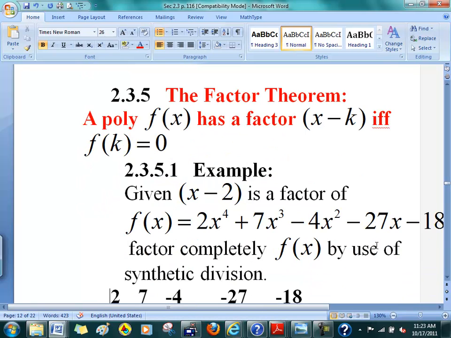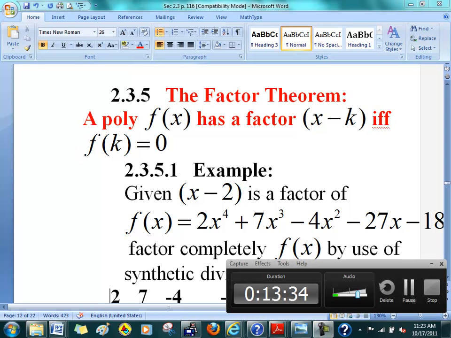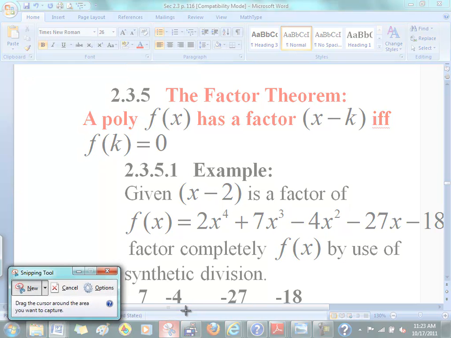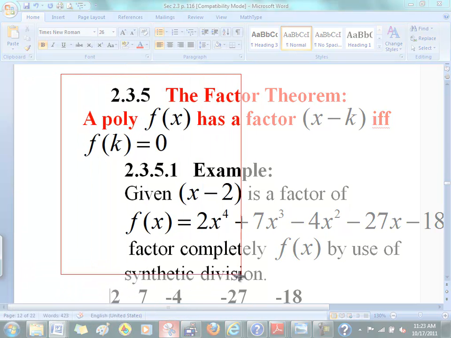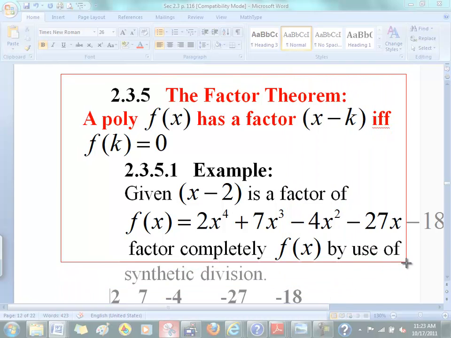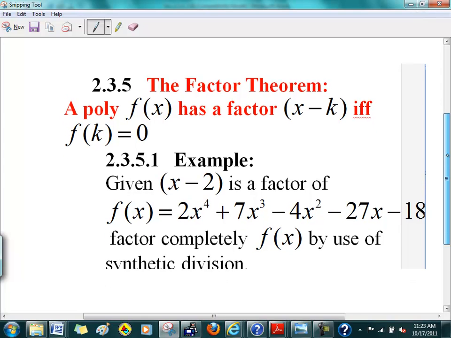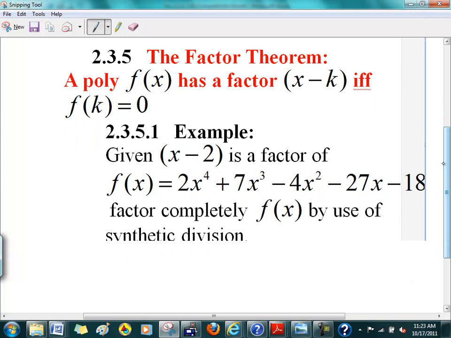Okay, so now we have another theorem. What we have now is called the factor theorem. So remember that f of k was supposed to be equal to your remainder, right?